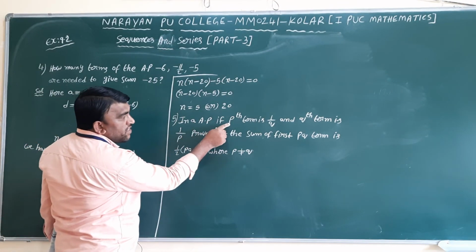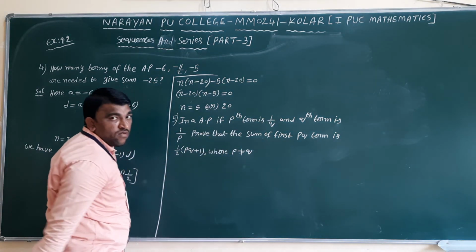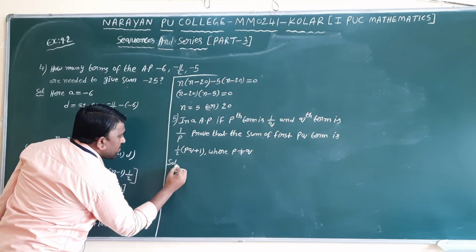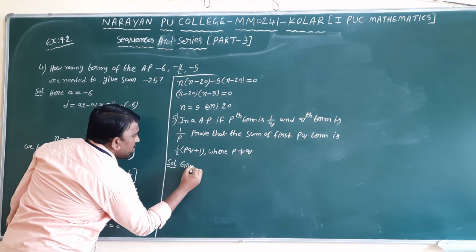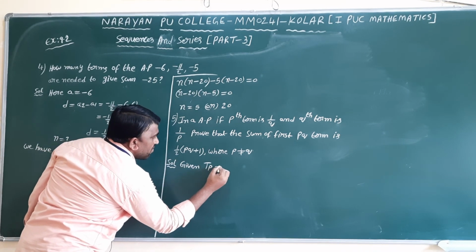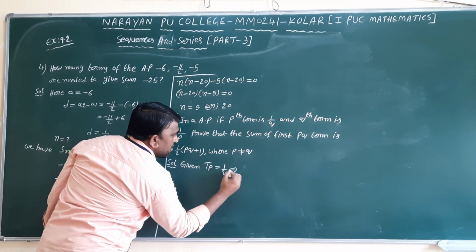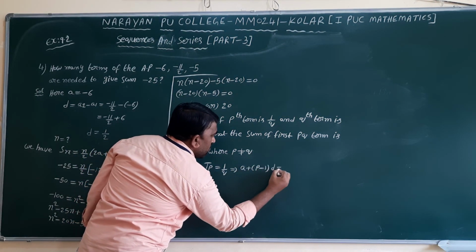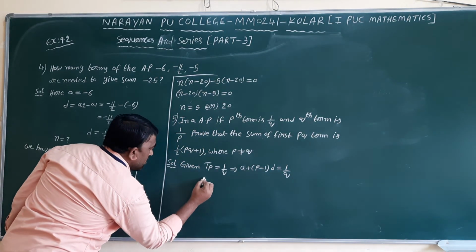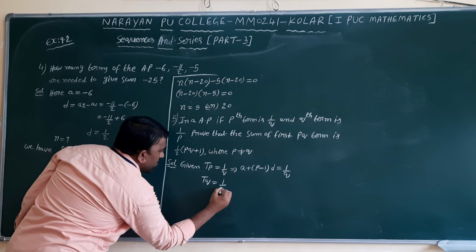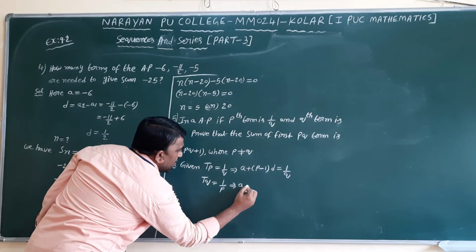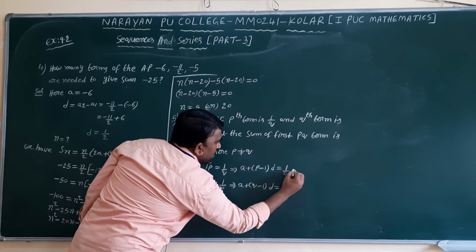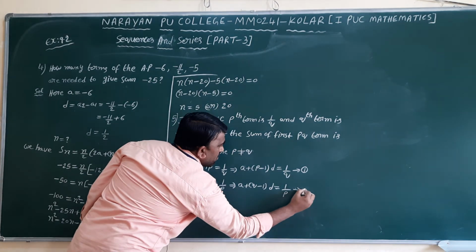To calculate that, they gave the condition TP is 1 by Q, TQ is 1 by P. From that we can calculate A and D. So given the Pth term, TP equal to 1 by Q implies A plus (P minus 1) into D is equal to 1 by Q. Next, TQ is equal to 1 by P implies A plus (Q minus 1) into D equal to 1 by P.